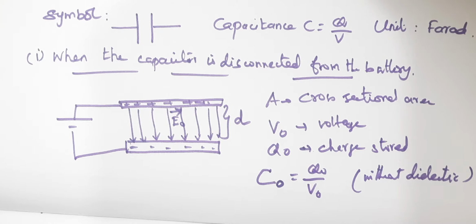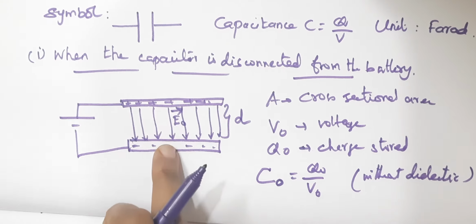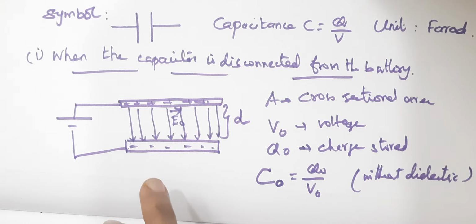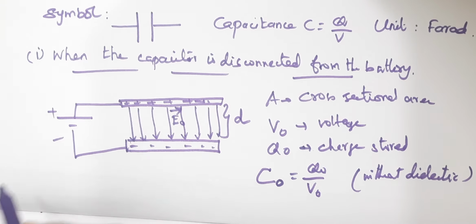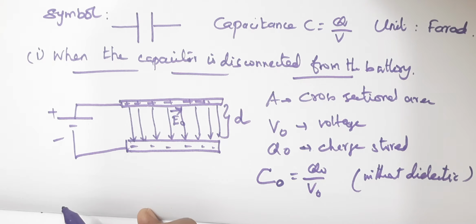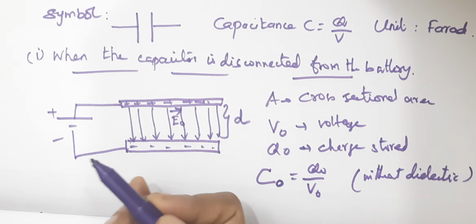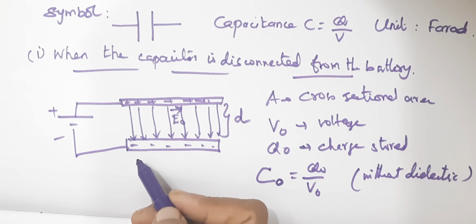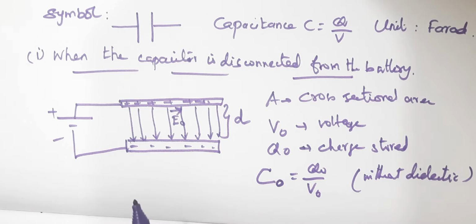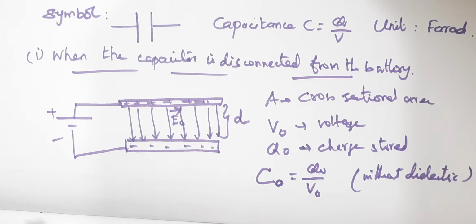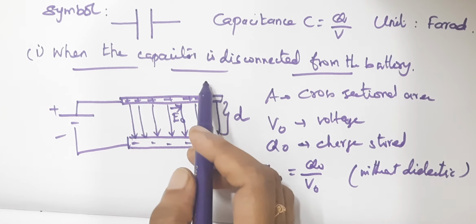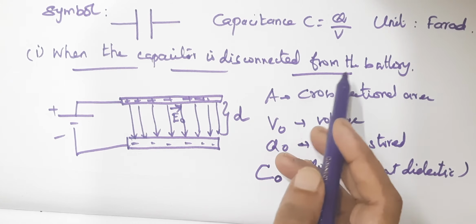Now we are going to introduce the dielectric between these parallel plates. First we considered only the capacitor with a battery. Now we are going to introduce the dielectric between the two parallel plates and the battery is disconnected. So two conditions, that is, when the capacitor is disconnected from the battery.